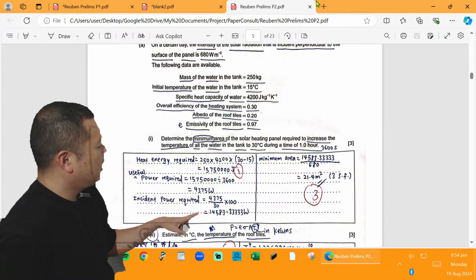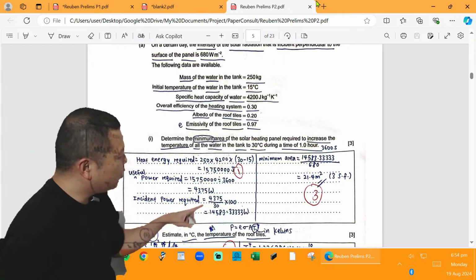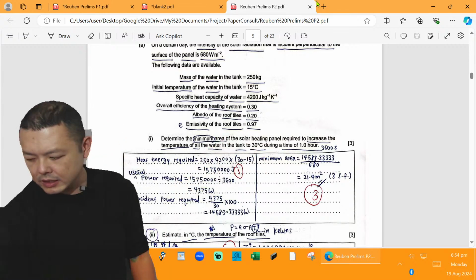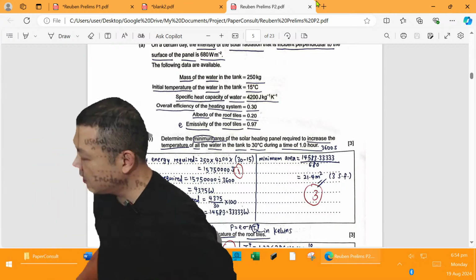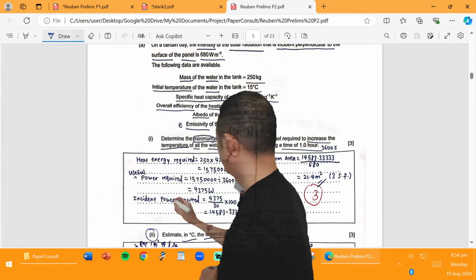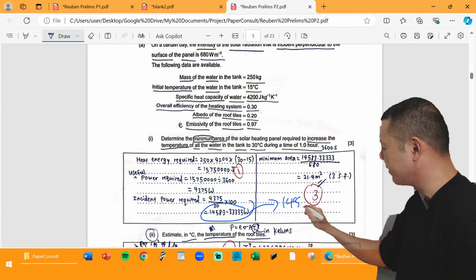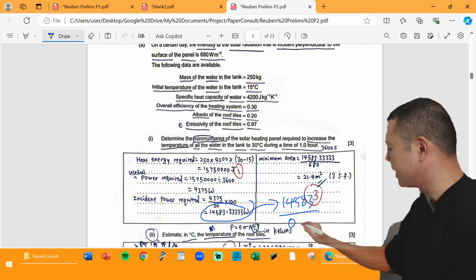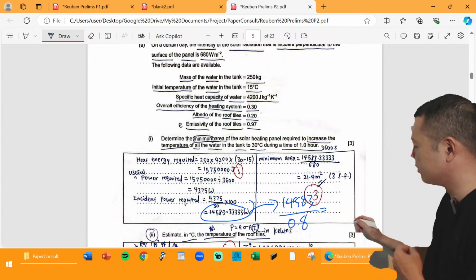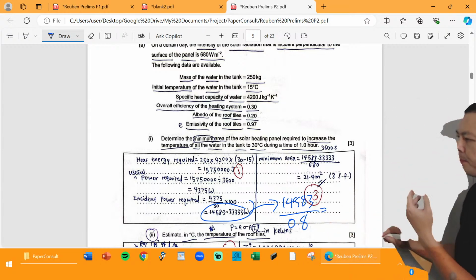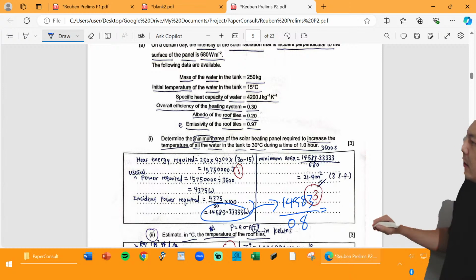I think the answer is wrong. Only after that can you get the answer. So this one, your answer is wrong. This value here, the 14583, you're supposed to divide by 0.8 first. This will give you the total power needed from the sun.